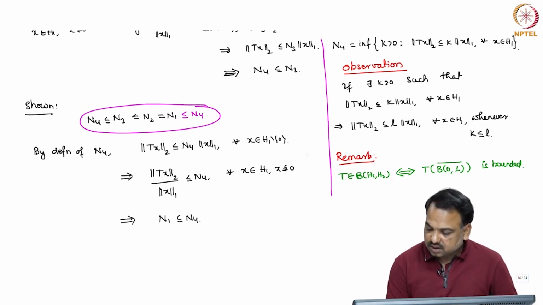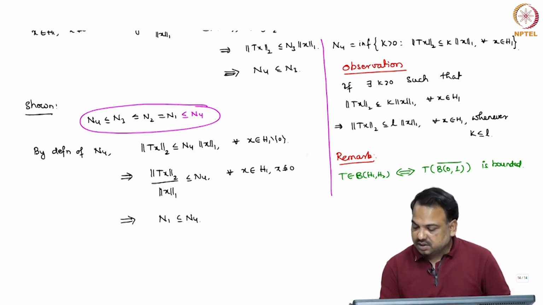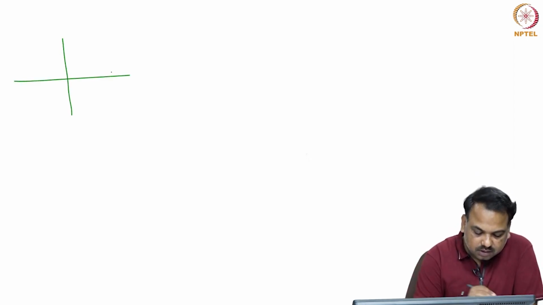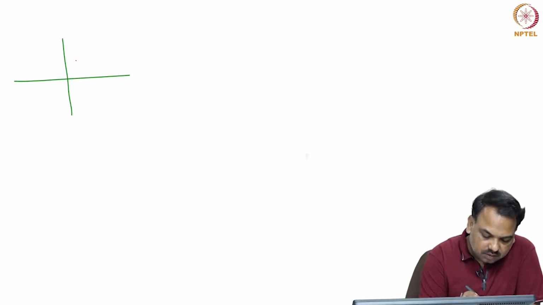Now with this we can actually get a geometric interpretation for the norm of an operator. We can look at this in R2. Now look at the closed unit ball here.